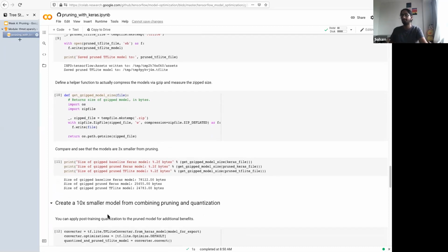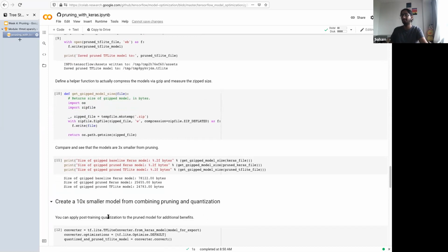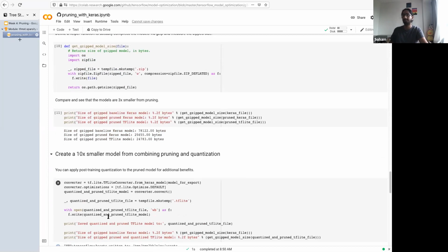Okay, so I hope that makes sense. Unlike quantization, which is comparatively more supported right now, pruning isn't. To actually see some of the advantages of pruning, you have to go down into the nitty gritty and implement stuff on your own.